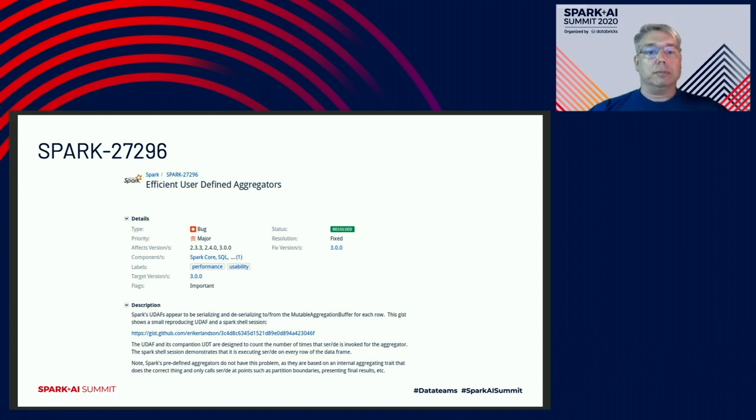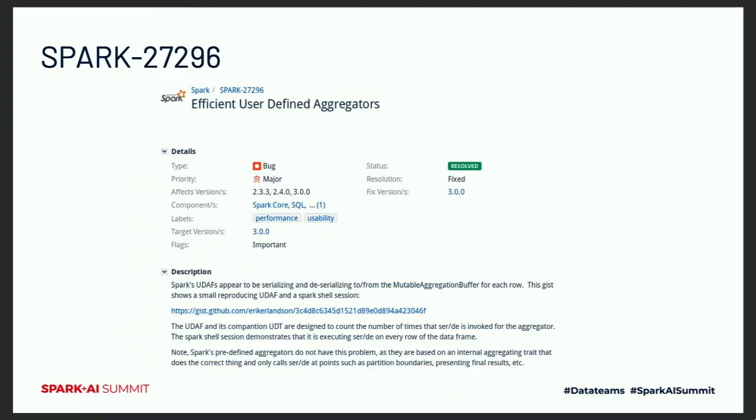And so, as one does, I filed a Spark JIRA to describe the problem I was seeing, and then we all discussed it up on the Spark Dev mailing list. And as we saw in the previous slide, this problem is not easily fixable. If it's fixable at all, it would have to be fixed by redesigning the entire mechanism.